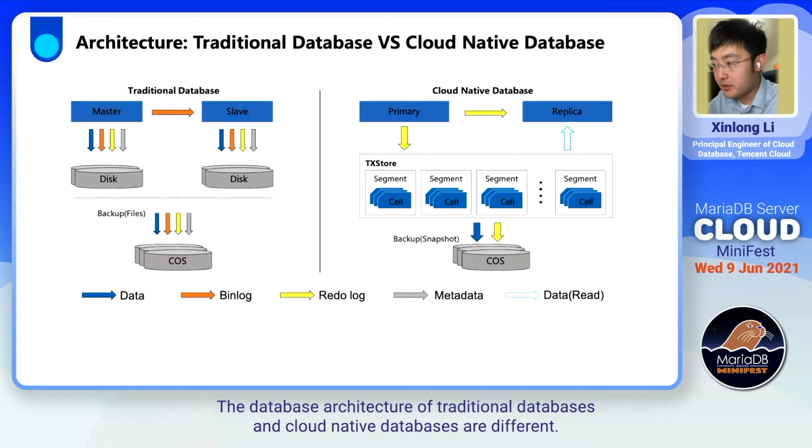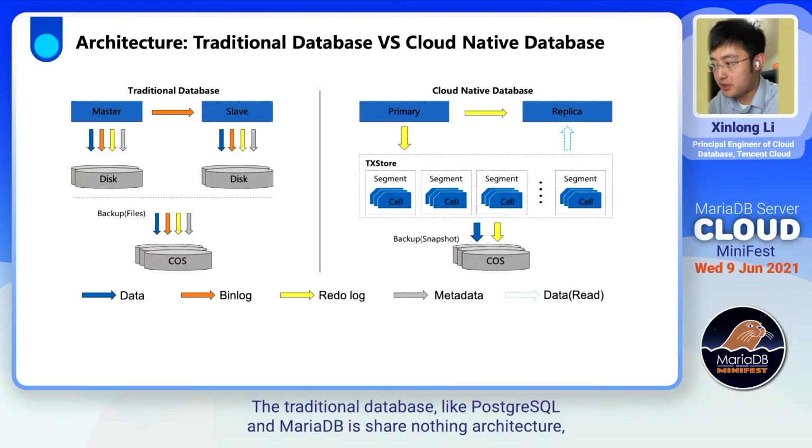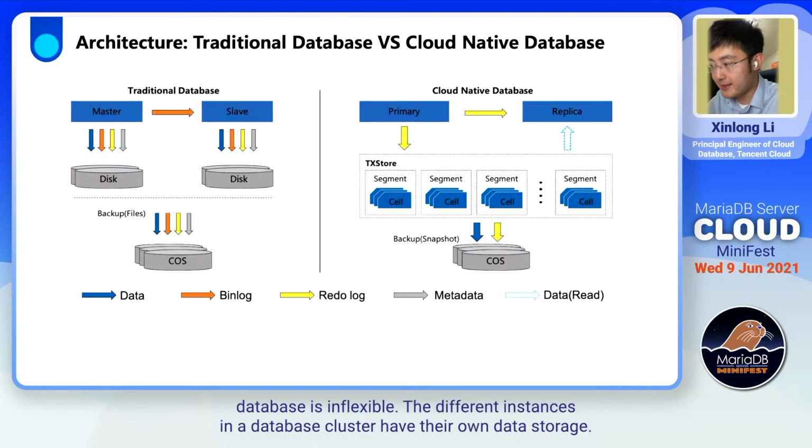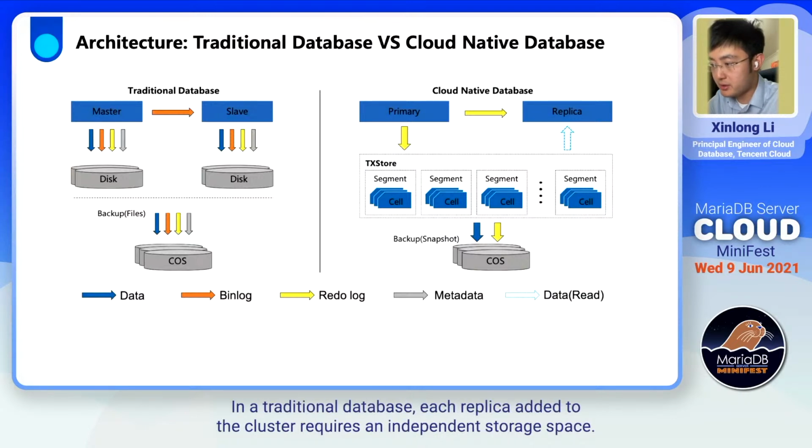Okay, the database architectures of traditional database and cloud-native database are different. The traditional databases like PostgreSQL and MariaDB use a share-nothing architecture, and the cloud-native database uses a shared storage architecture. The storage of traditional database is inflexible. The different instances in a database cluster have their own data storage in traditional database.